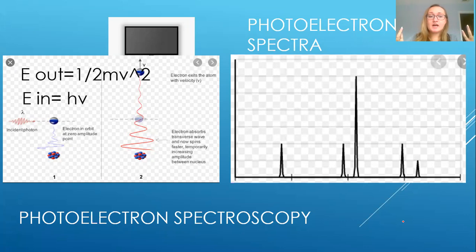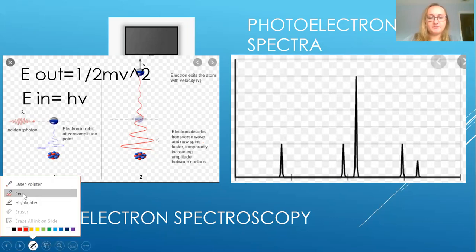This process of bombarding an atom with light to eject an electron and then measuring the exit velocity so that we can calculate the binding energy is called photoelectron spectroscopy. For the word spectroscopy, think of that as meaning a means of measuring.